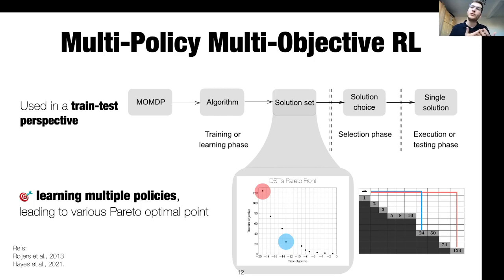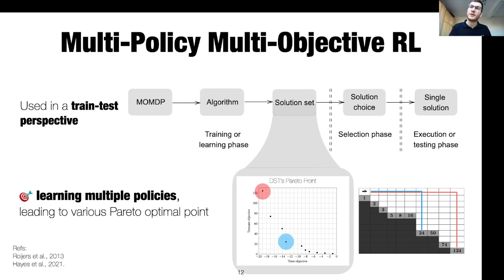Once we have that, the user can make a choice. They can choose the best solution that they want, and the algorithm is able to retrieve and perform the linked behavior. For example, in the deep sea treasure, you have an example of the Pareto front. Those are all the optimal behaviors. What does it mean? It means all of the treasures with the shortest path to these treasures.